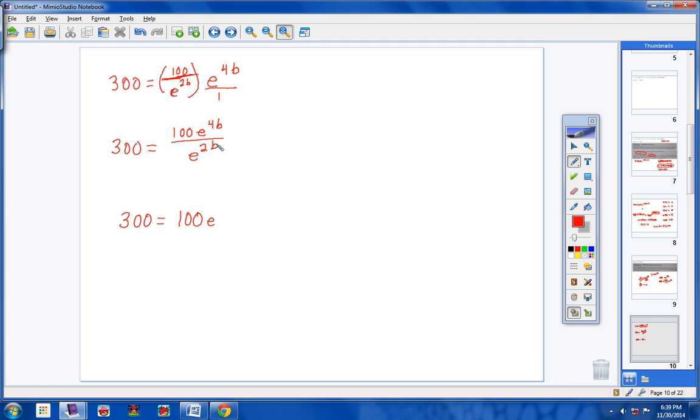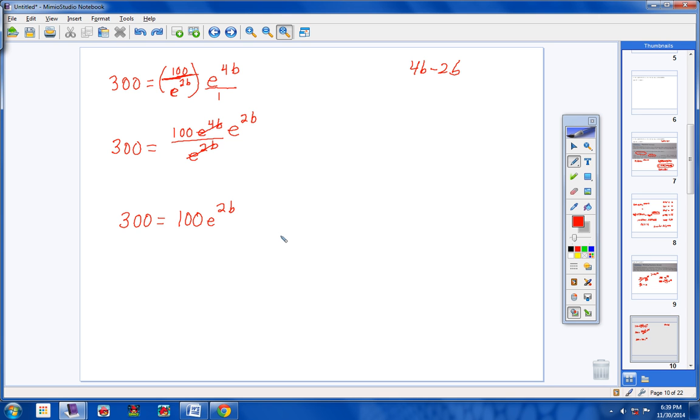Subtract your exponents like this. 4b minus 2b would give you 2b. So I have 100 e to the 2b power. Now, if you want to put that whole thing over 1, you can, that's fine, but you don't have to.